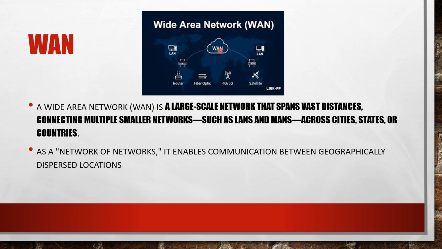See, this WAN is connected to a lot of smaller LANs as well as other devices, and it mainly uses fiber optic cables for high speed connectivity, and it also uses 5G or 4G kind of high speed data transfer abilities in wireless.